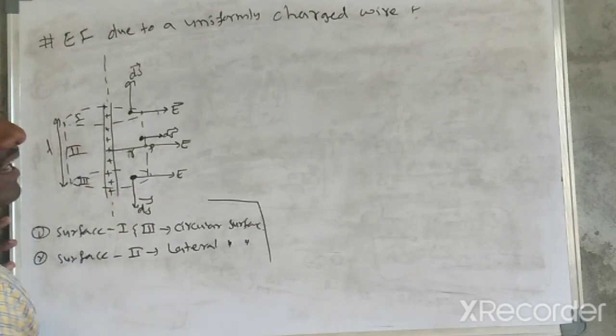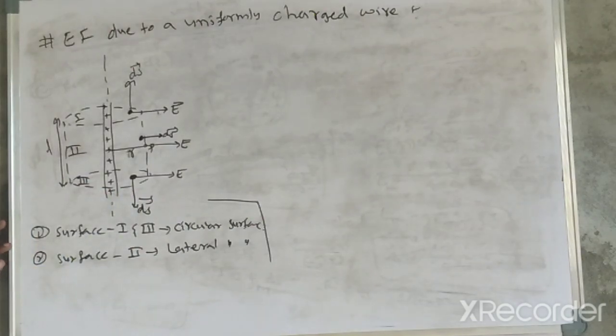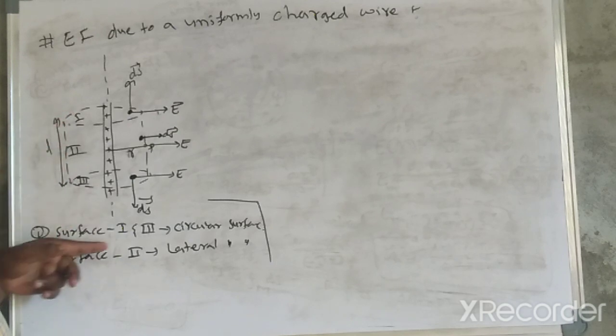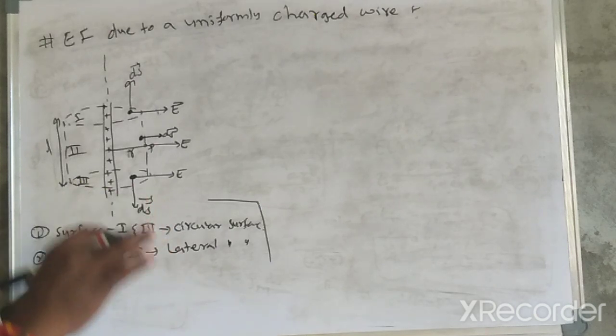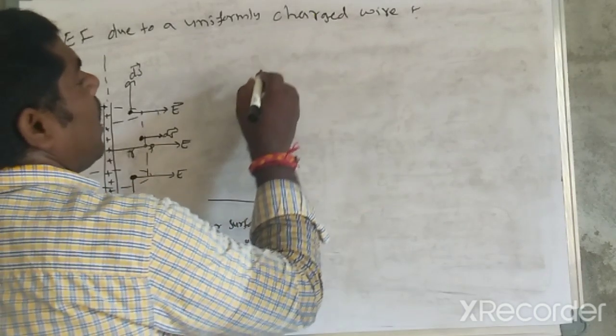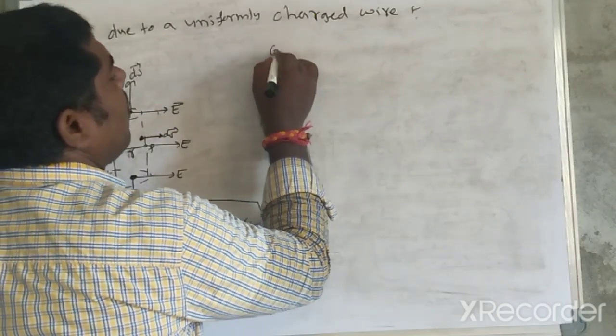Here the angle is 90 degrees, so cos 90 is 0, that's why for the first and third surfaces the total net electric field is 0.